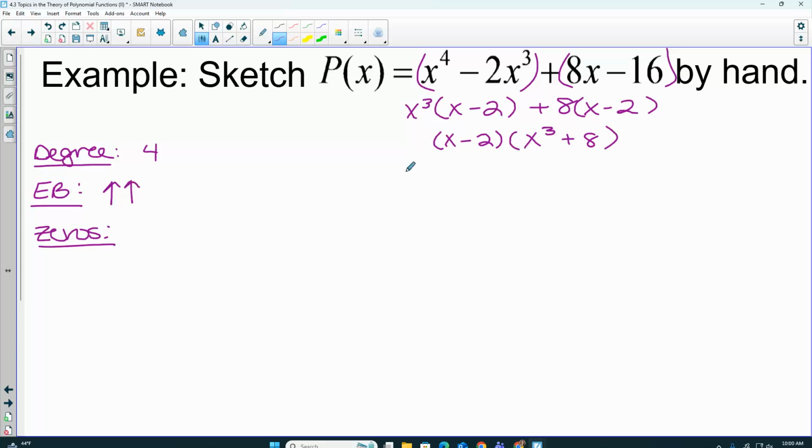What makes x minus 2 equal 0? Okay, if I set x cubed plus 8 equal to 0, what do we get? Since it's a cube root of a negative, we actually do get an answer. It's just -2.